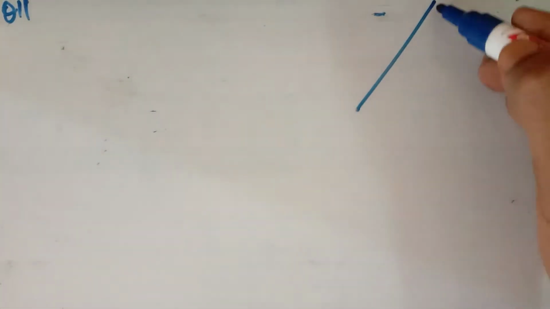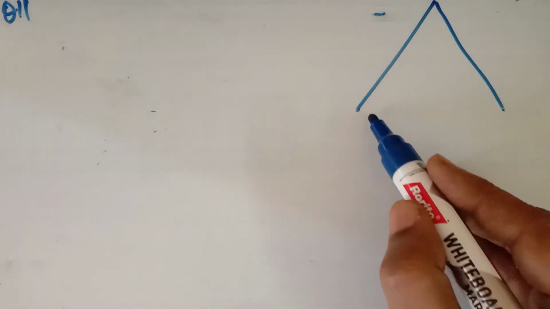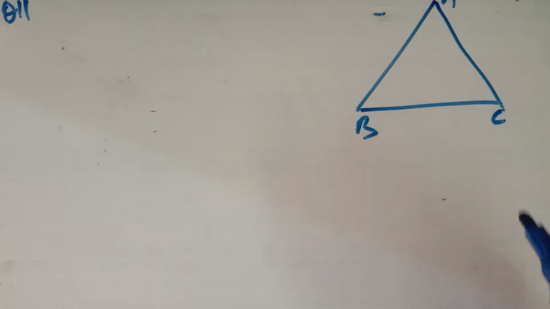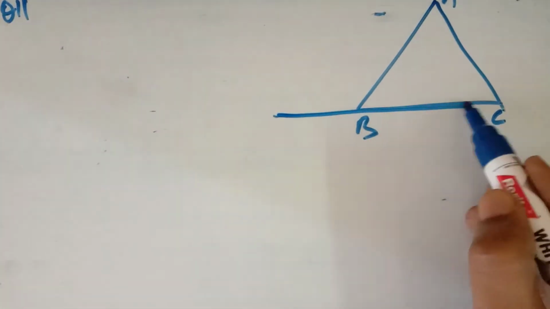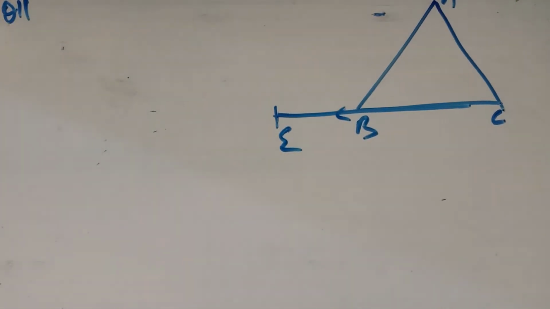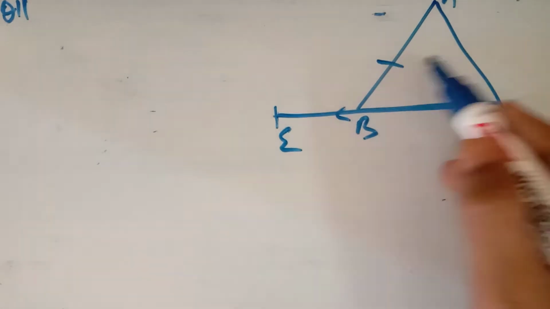Now in question number 11 of this same exercise, it is given in the figure that there is a triangle ABC, and E is a point on CB produced, in an isosceles triangle in which AB is equal to AC.